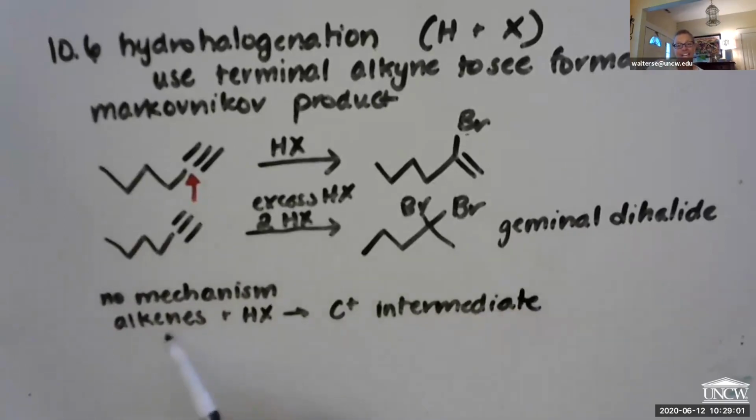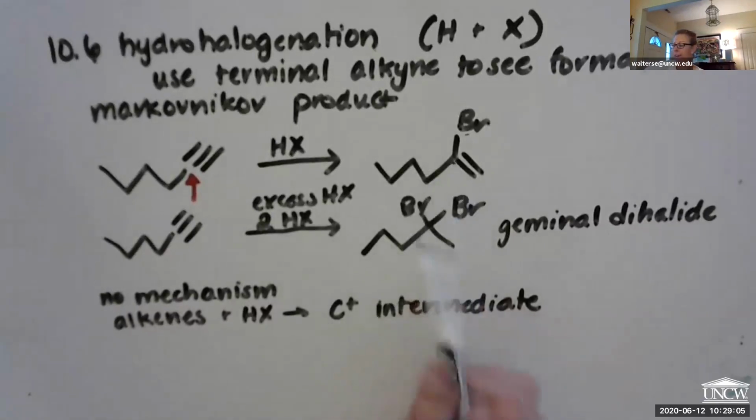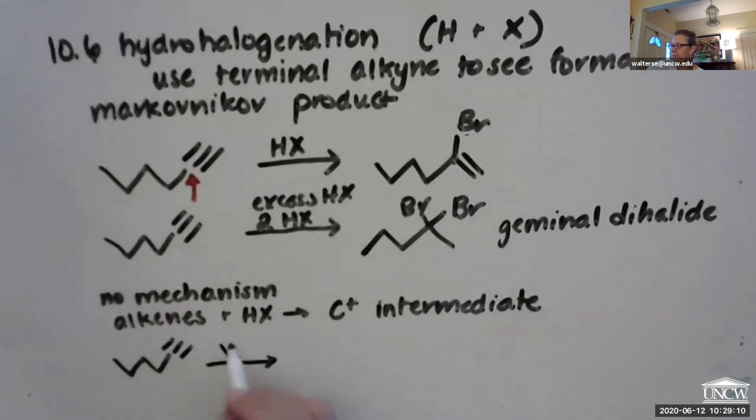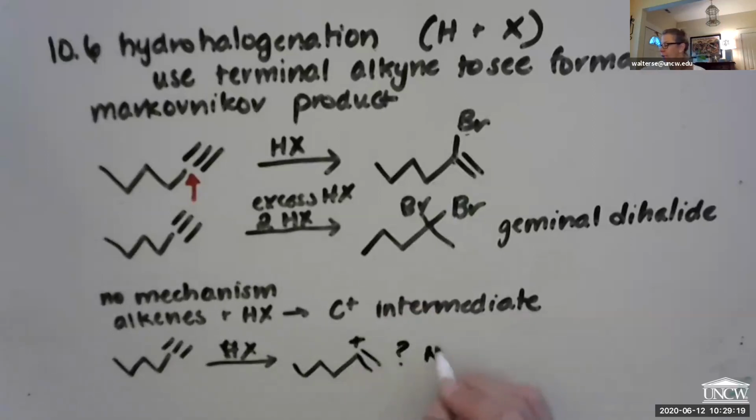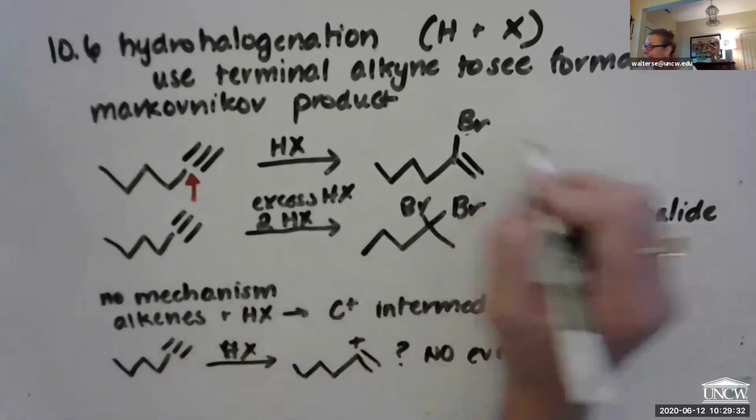So in alkynes, you would have to go through a vinyl carbocation, and there's no evidence for this. So the mechanism for the formation of the geminal dihalide is not well understood. You just have to pay attention to the stoichiometry to tell you when to stop.